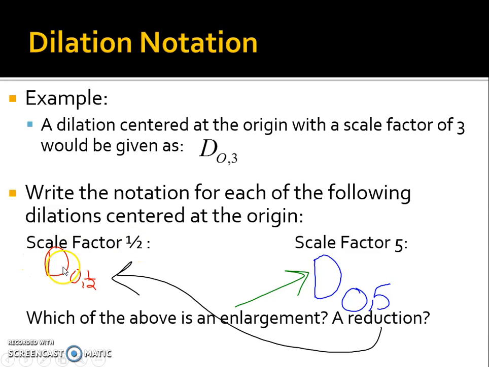So you're going to write D, O, which is for origin, comma, half. That's the scale factor. If the scale factor is 5, you're going to write D, origin, comma, 5. Which one is the enlargement? Which one is the reduction? This one is an enlargement because it's 5 times bigger. Reduction is this one. That means half the size. So do the lines like this, please.